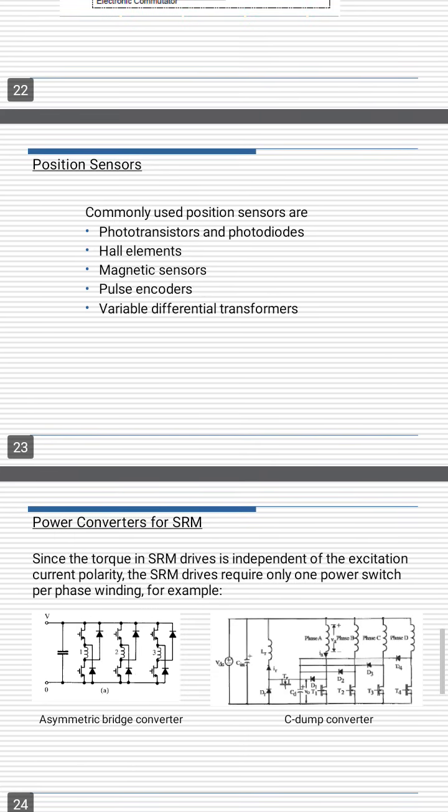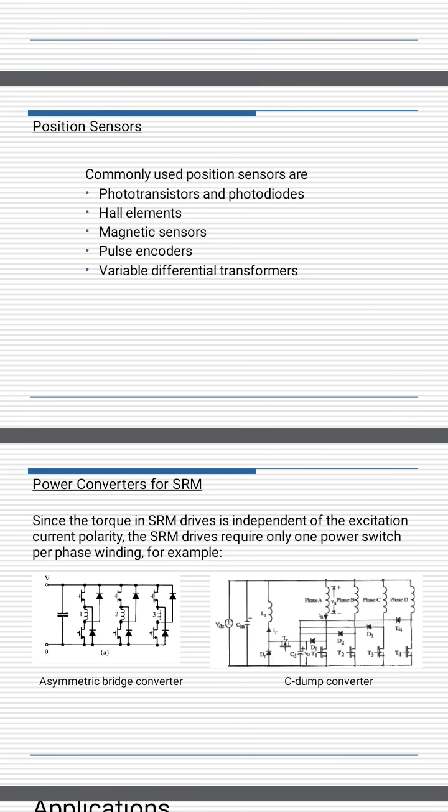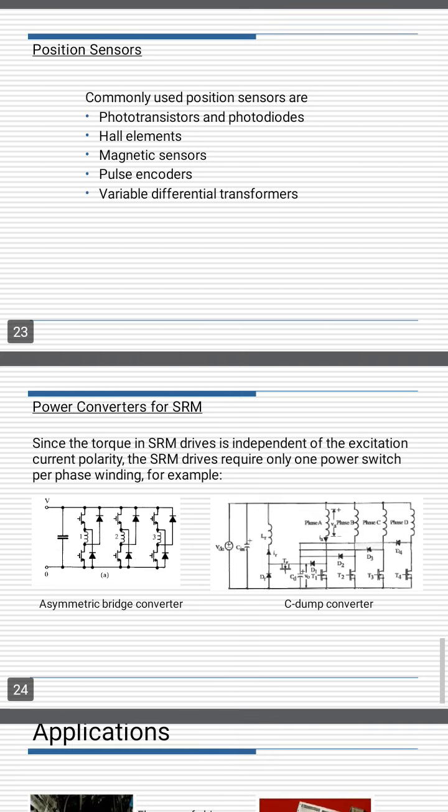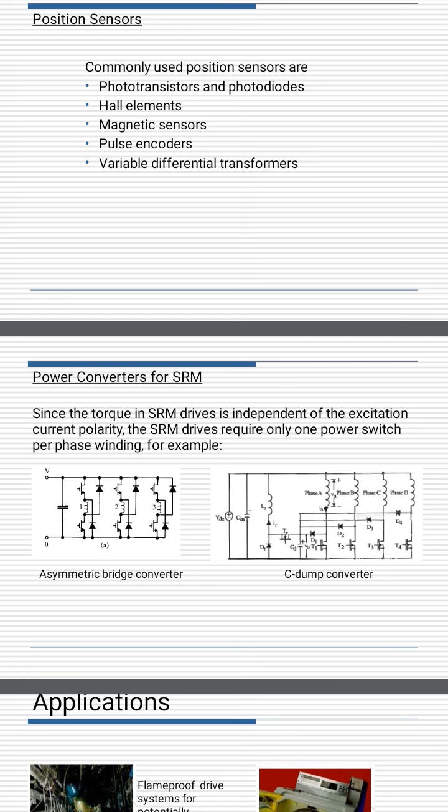Power converters for SRM. Since the torque in SRM drives is independent of the excitation current polarity, the SRM drives require only one power switch per phase winding. For example, a symmetric bridge converter, and a C-dump converter.